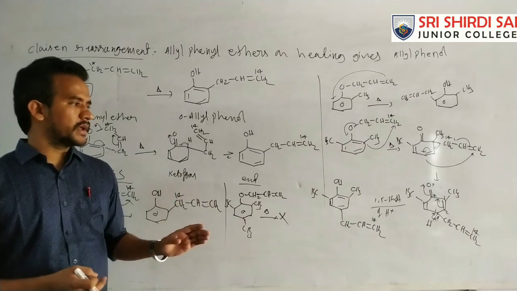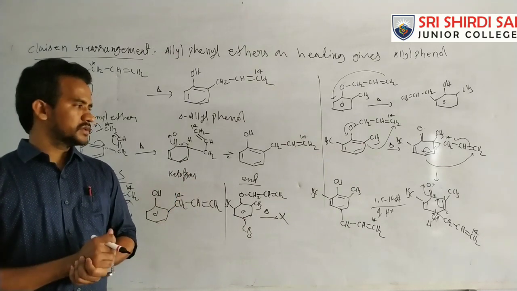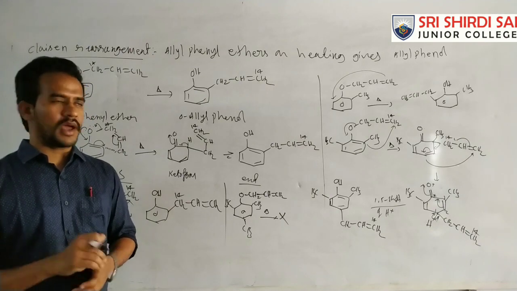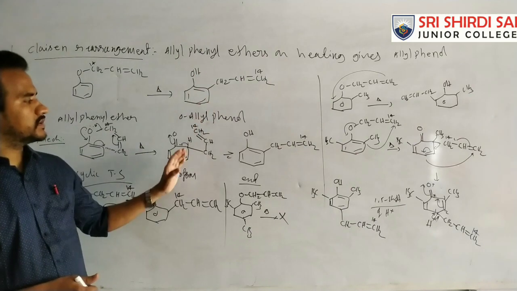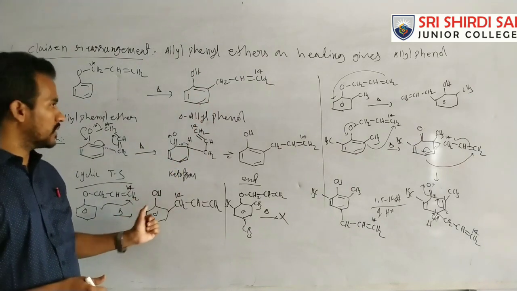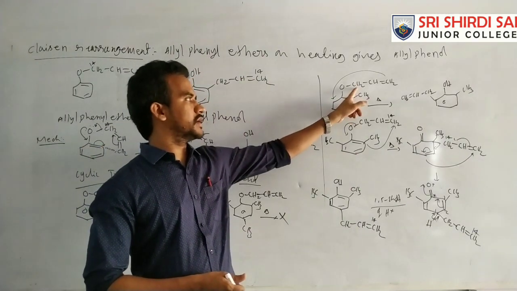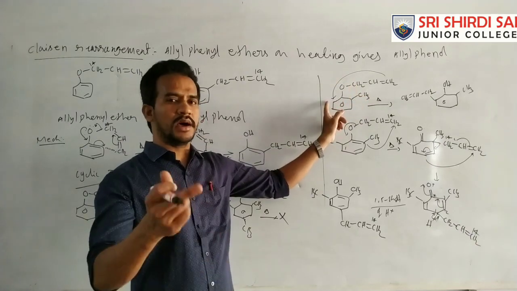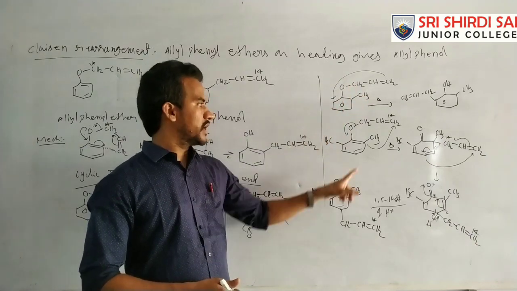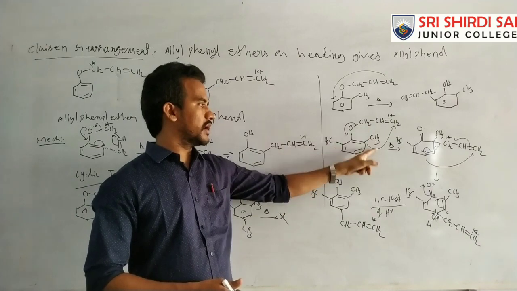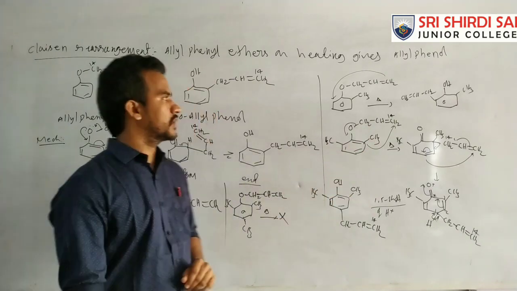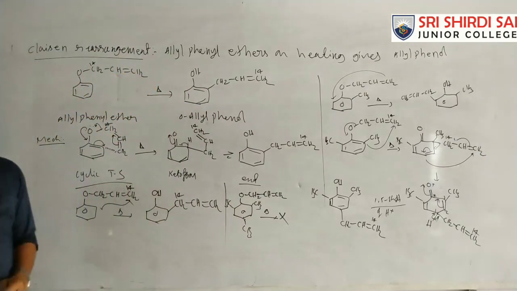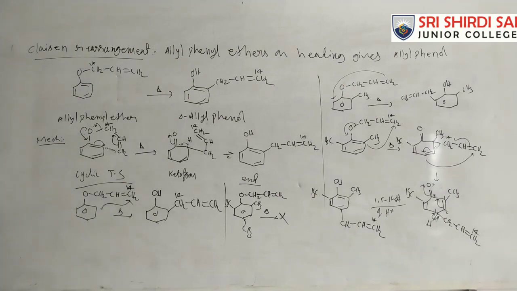The group is not migrated to the meta position, only to the ortho or para position. The alkyl group is migrated by this mechanism. If one ortho position is blocked, the allyl group is placed on the other ortho position. If both ortho positions are blocked, the allyl group migrates to the ortho and then from ortho to the para. So this is the Claisen rearrangement.